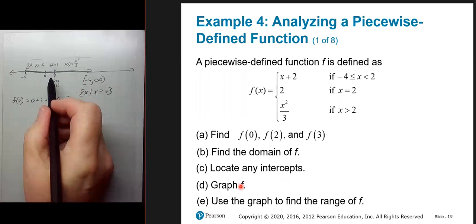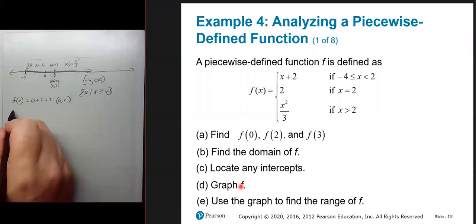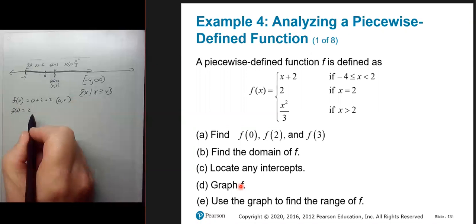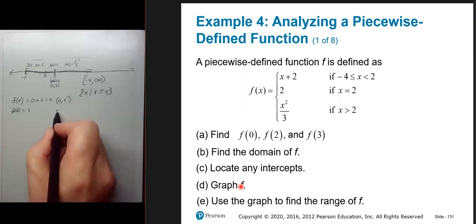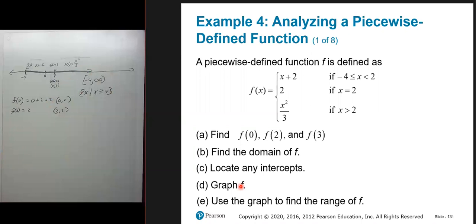Now, 2 is its own domain, right? f of 2. Well, we already said f of 2 equals 2. So that's the point (2, 2). What we already discussed when we discussed that portion of the domain is a single value.